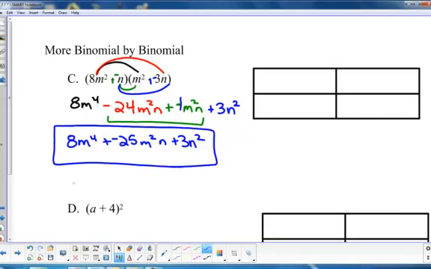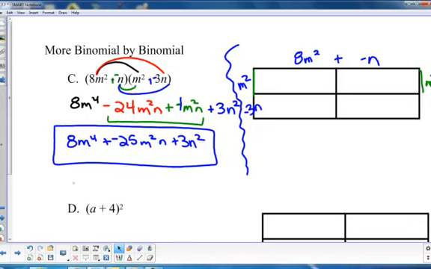Let's look at that in matrix form. M squared is also over here. 8m squared is also down here. Negative n is also down here. And this negative 3n is also right here.